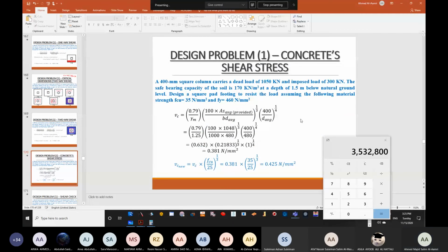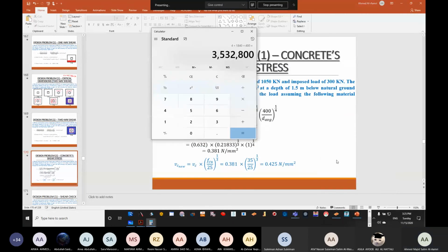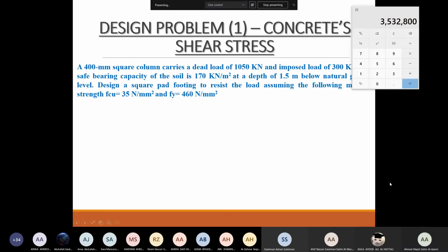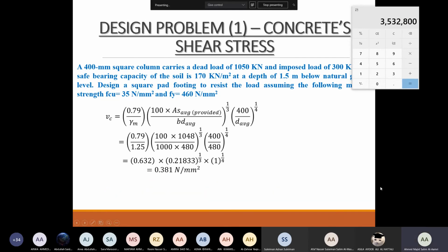Okay, so now here we have got 0.381, and once again the code says, if you remember from the slab design, if you are going to use a grade more than 25, then you need to modify the VC and find VC new.